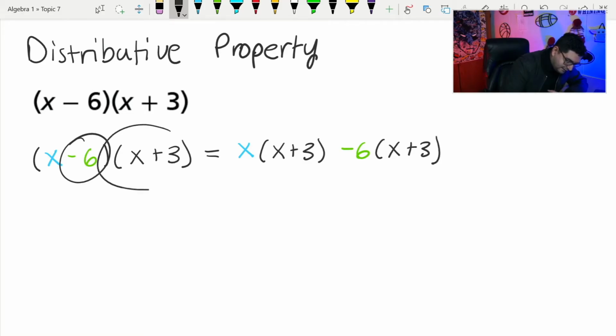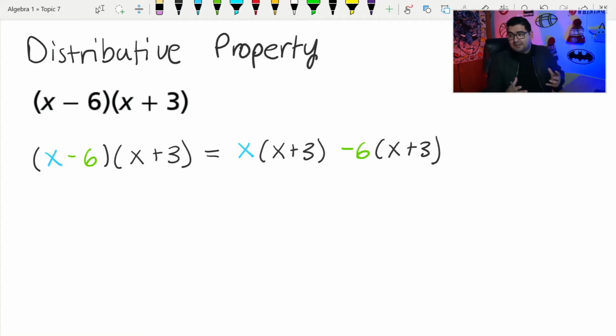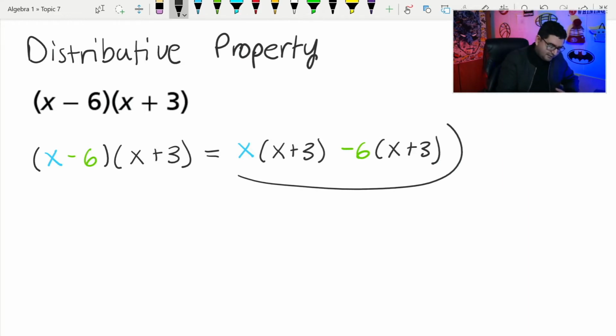So we split it up, and instead of doing a binomial times a binomial, now we have 2 cases of technically a monomial times a binomial, something with 1 term times something with 2 terms.